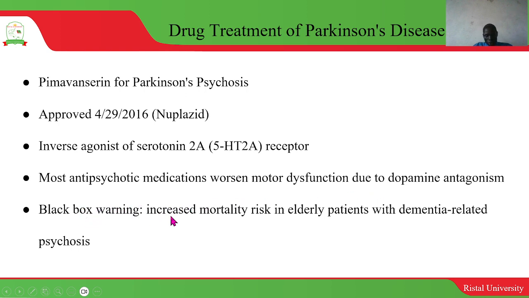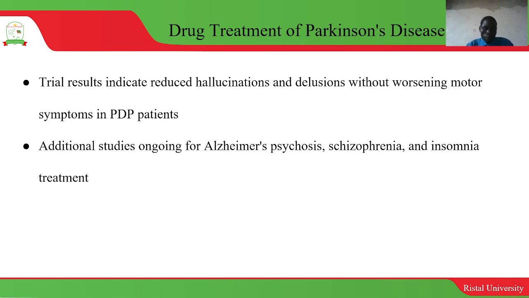Black box warning, this is just for your own information: there is increased mortality risk in elderly patients with dementia-related psychosis. Prior results indicate reduced hallucinations and delusions without worsening motor symptoms in PDP patients. Additional studies are ongoing for Alzheimer's psychosis, schizophrenia, and also insomnia treatment.